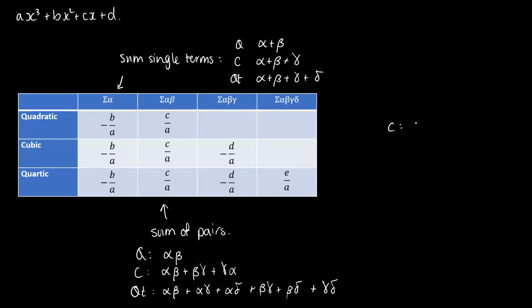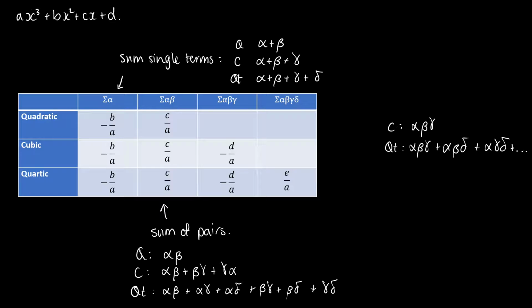So we only have that for a cubic, that's our final term. For a quartic, though, we have got a kind of set of terms here that we can keep moving through, and so on and so forth. In these cases, that's minus d over a.